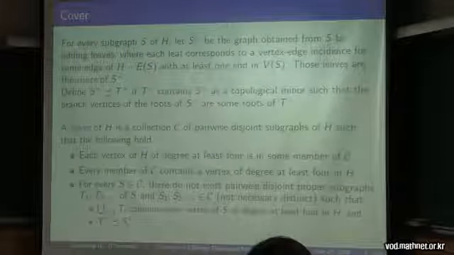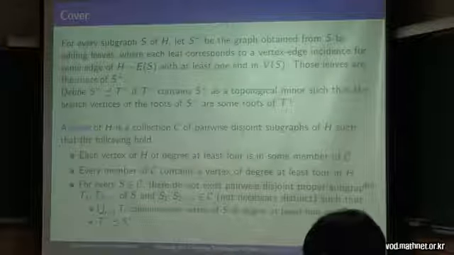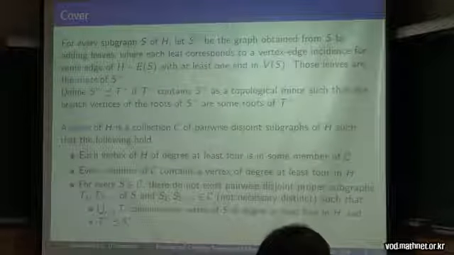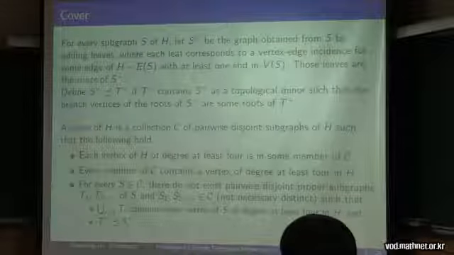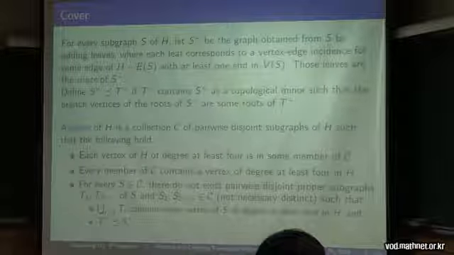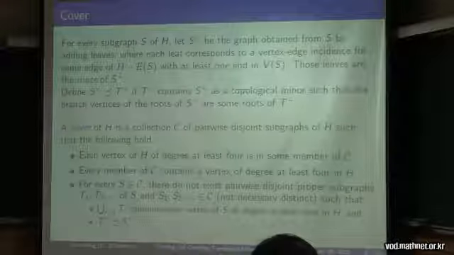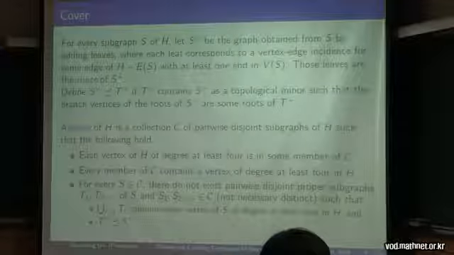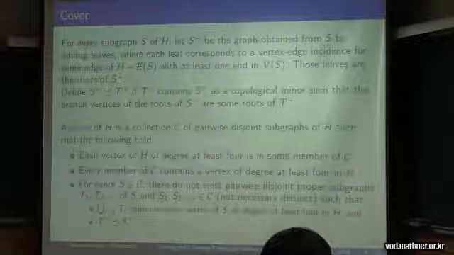It says that no member can be further refined. So if I pick any member S in C, then I cannot find disjoint subgraphs T1, T2, and so on of S, such that the union of those Ti contains all vertices of degree at least 4 in S, and for each Ti, I can find another member of the cover such that Ti plus is less equal to Si plus.